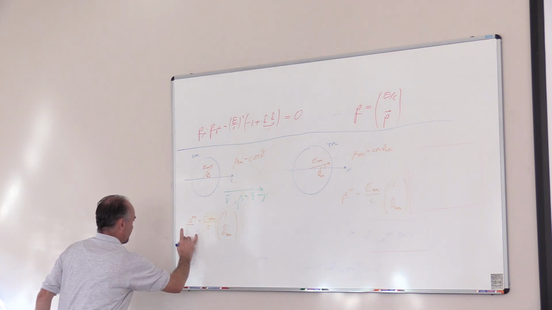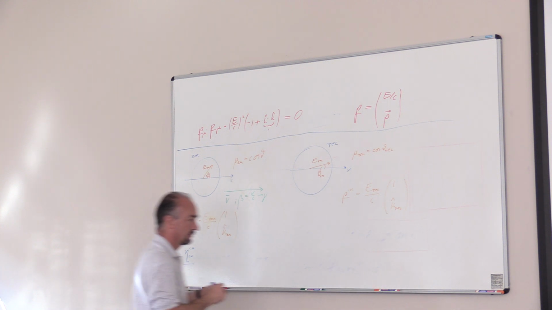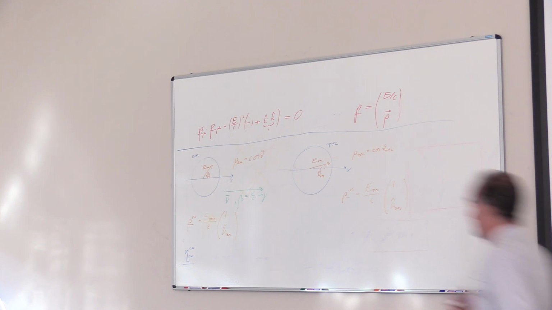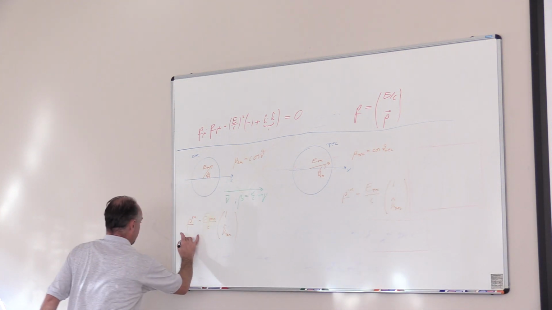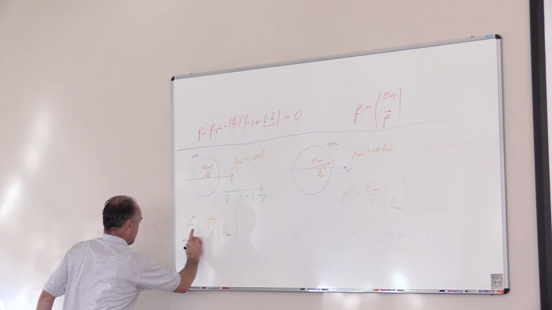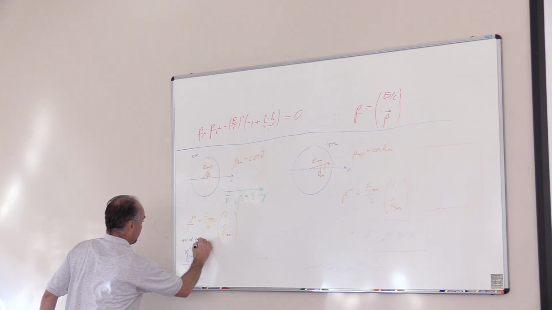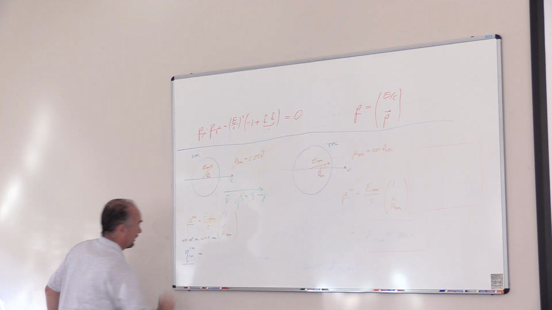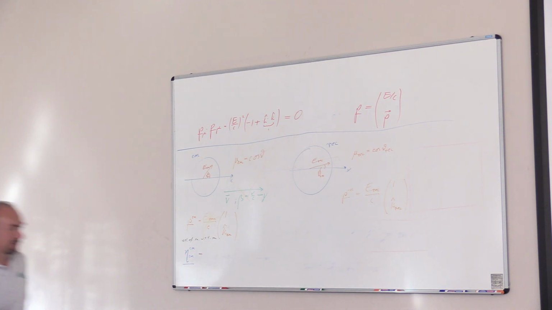So the velocity of the emitter's frame with respect to the emitter's frame. What is that?